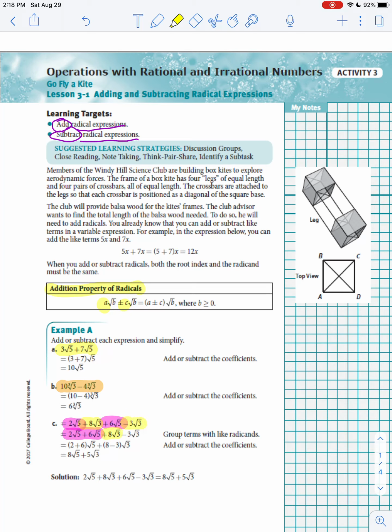And so when we put those together, we can combine their coefficients. And so we end up with having an 8 root 5 plus a 5 root 3, and those cannot get combined. Root 5 and root 3 are not like terms, and so we don't want to add those together. Okay, so those are some rules for adding and subtracting radicals, and we'll practice a couple on the next page.